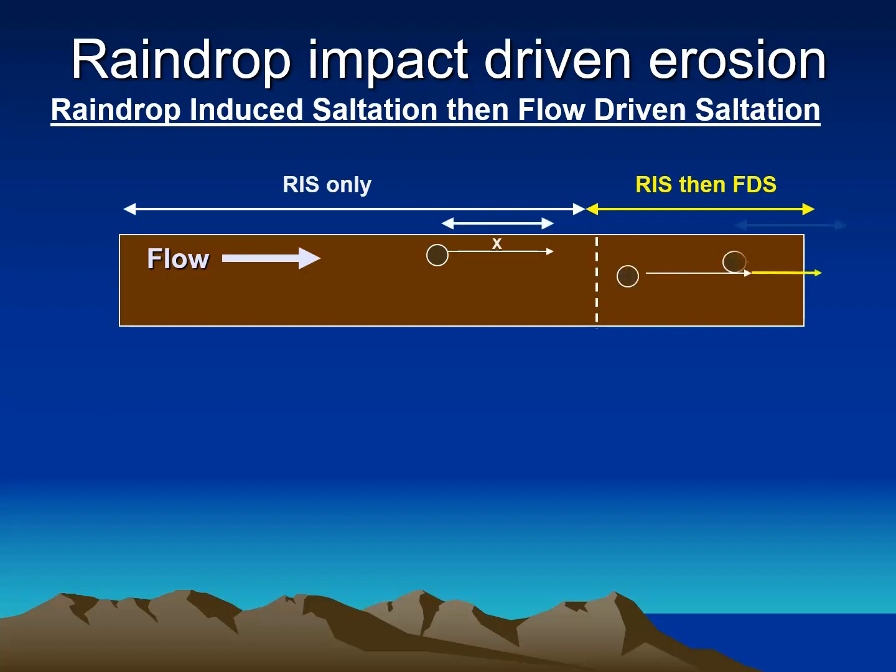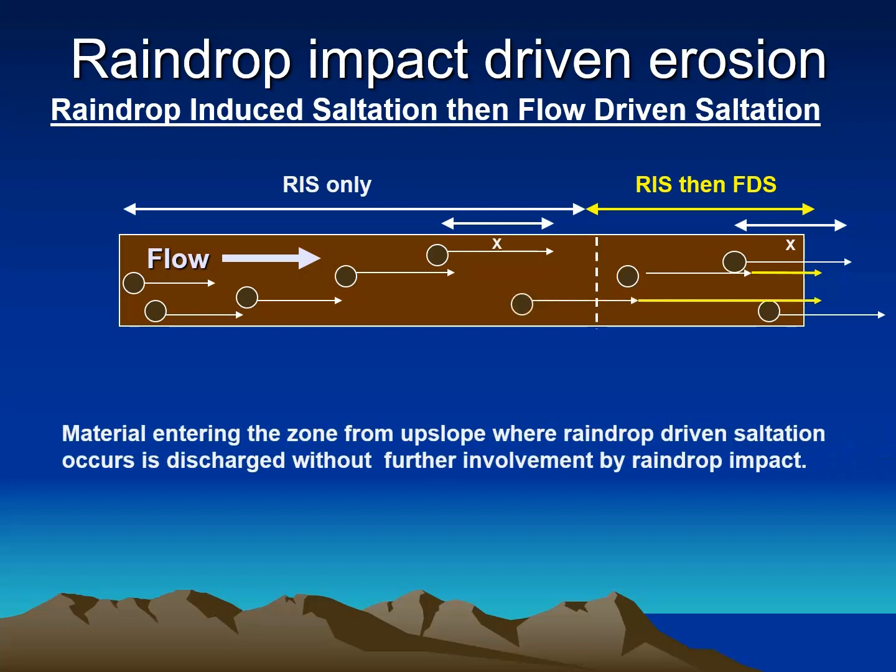Any drop impacts in that bottom zone will cause sediment to be discharged, while raindrop-induced saltation moves material downslope in that upslope area. However, any material that moves from that raindrop-induced saltation into that flow-driven saltation zone will be discharged.